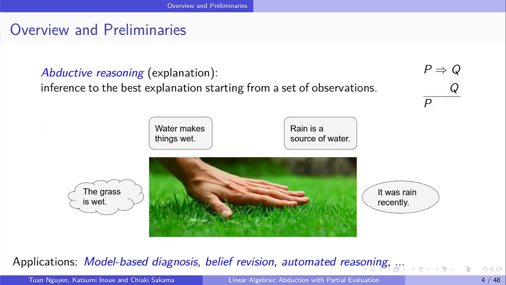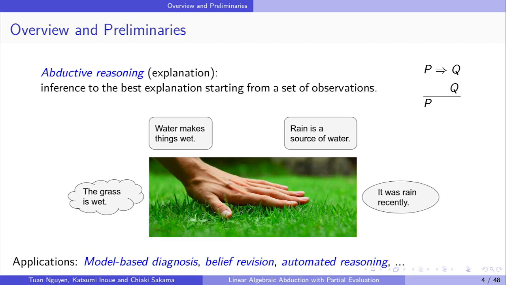As you may know, abductive reasoning is a kind of inference to the best explanation, starting from an observation. For example, if we already know that weather makes things wet, and rain is a source of water, and if we see the grass is wet, we may conclude that it rained maybe a couple of hours ago.